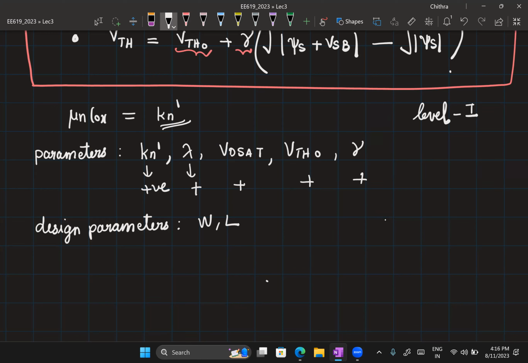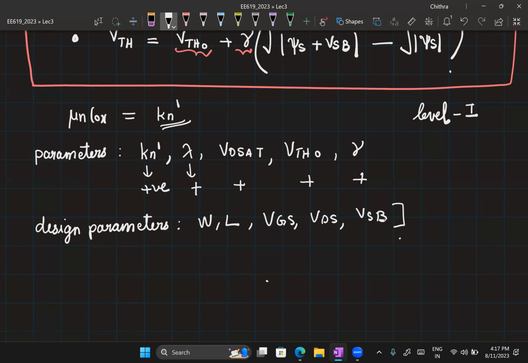You can control the voltages and the currents, right? So you can control VGS, VDS, VSB, and by controlling these, you can control the current. Okay. So now if you have to propose a solution for a problem that you have to implement a circuit, your solution should consist of tweaking these parameters.